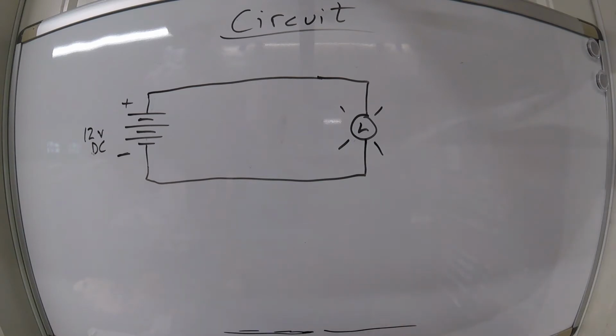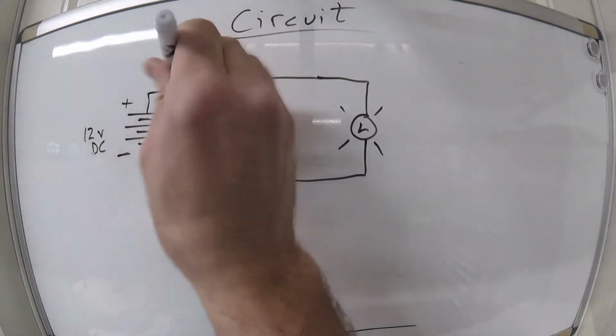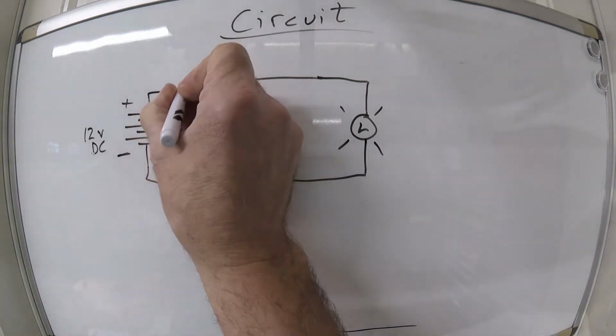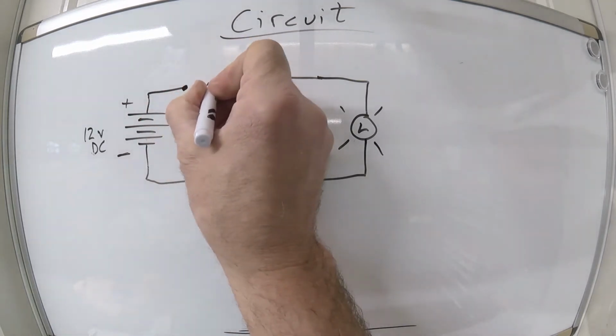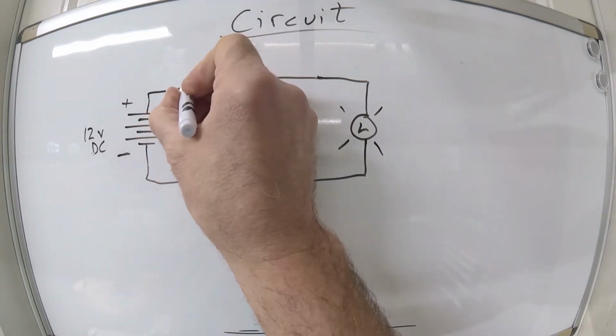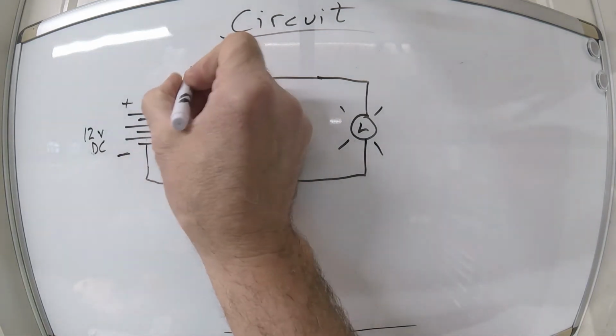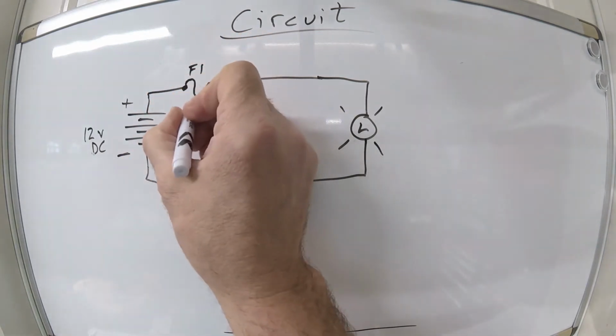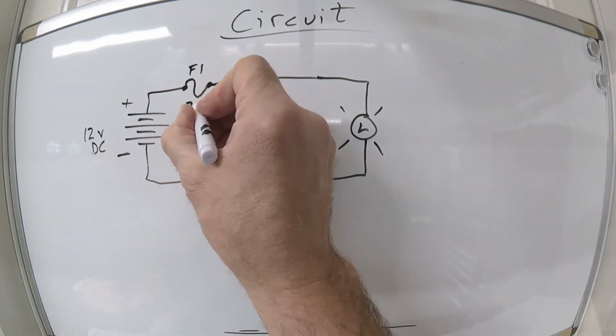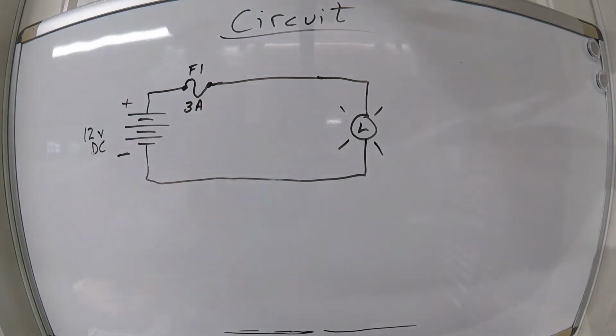Now, of course, and we'll get into this more later as we look at actual automotive circuits, this isn't a very safe circuit and we don't have a way to control it. So a lot of times in a circuit we will add an overcurrent protection device, usually a fuse, sometimes a circuit breaker. The fuse looks like that, and we'll label this F1 and we'll say 3 amps. That's the rating.